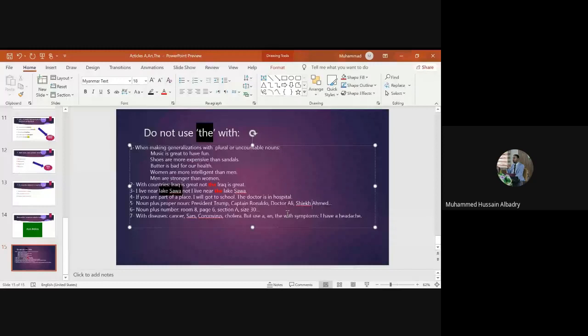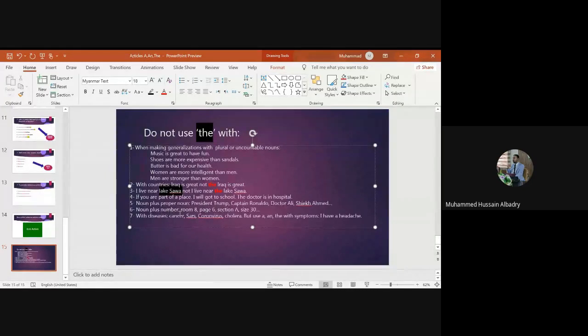We don't need to use the. President Trump. But we can say the President of the United States. When you say the President of the United States, we use the. But when you use noun plus a proper noun, don't use the.